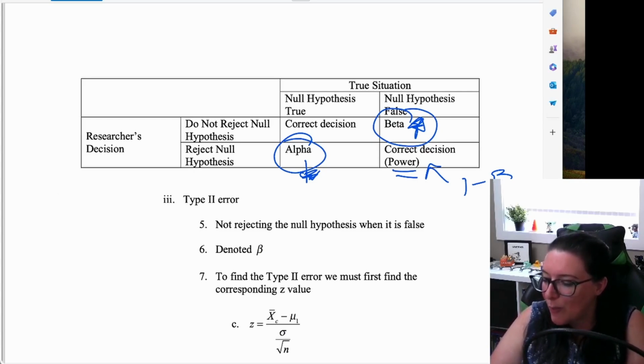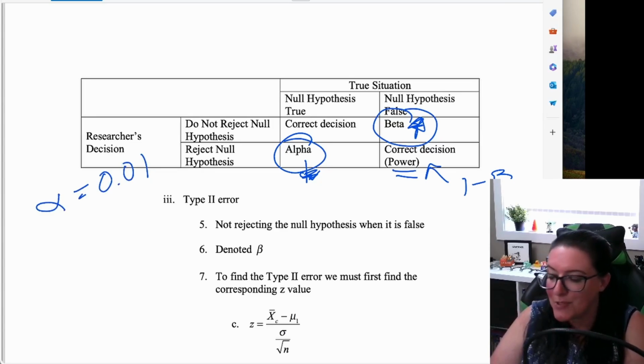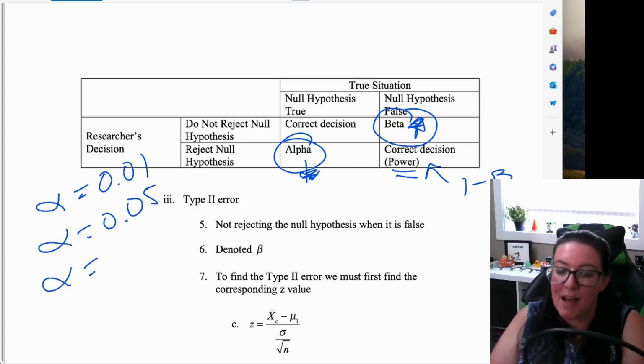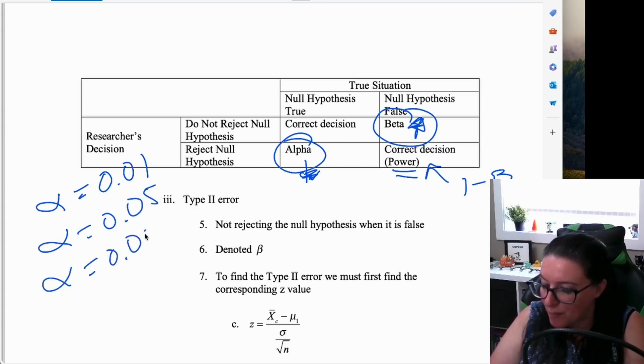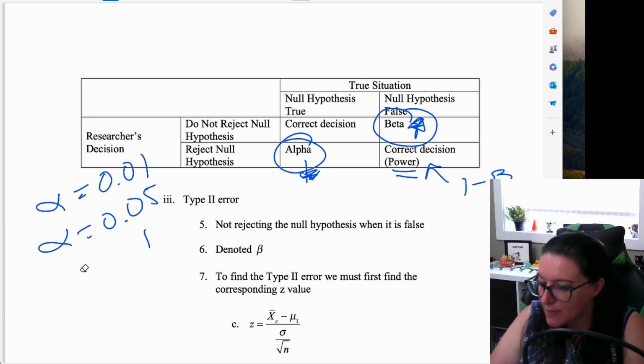And that's why, when it comes to alpha, we tend to either do 0.01, which is kind of like your 99% confidence, or 0.05. If we have a very small sample size, then we would do an alpha of 0.1.